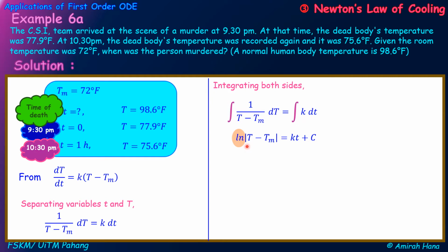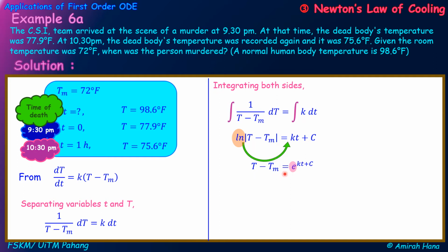Now we need to write temperature as the subject. But we have ln here, so we move ln to the right-hand side, where it becomes the exponent e.